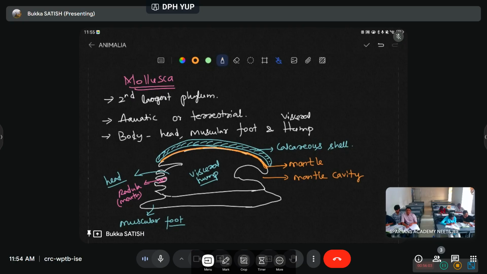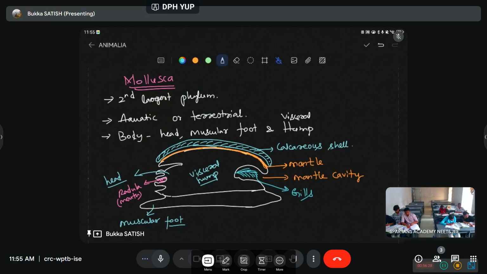Inside the mantle cavity, there is one special structure developed, which is gills. Gills are present in the mantle cavity.